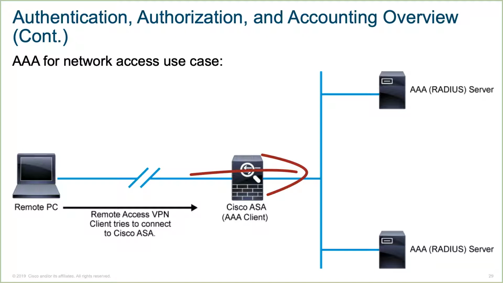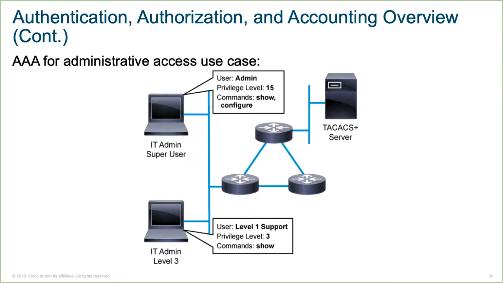Authorization would be maybe pushing down a context-based access list. So now we can control where the user's VPN traffic is going. Or maybe, again, just keeping track of how much data they transmitted. And accounting would be, for example, how long was the VPN session open? But I want to say it again, that's going to be through the network in a user's use case.